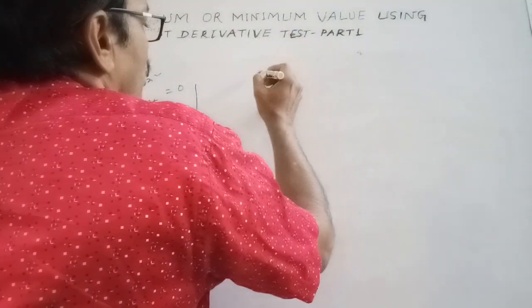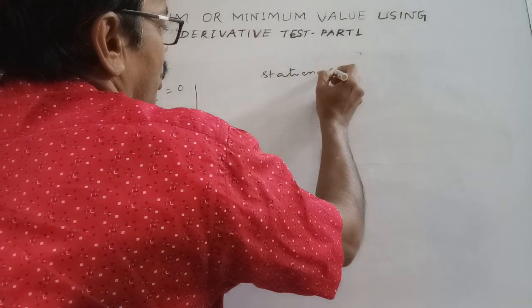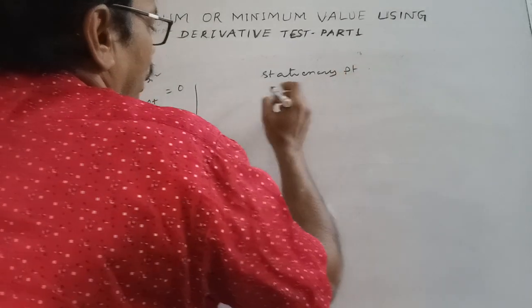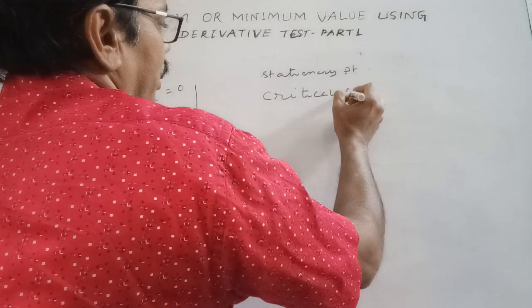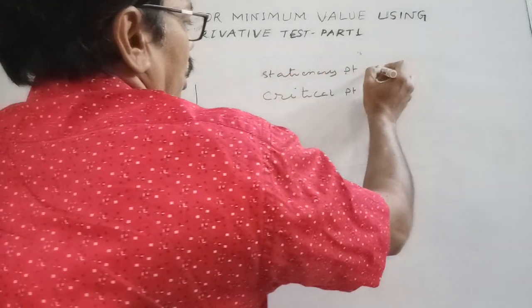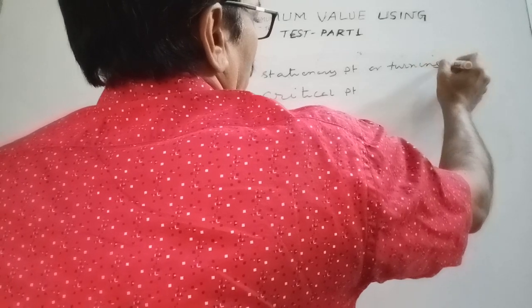Now, stationary point. There are two definitions: stationary point and critical point. What is the difference? Stationary point or turning point.